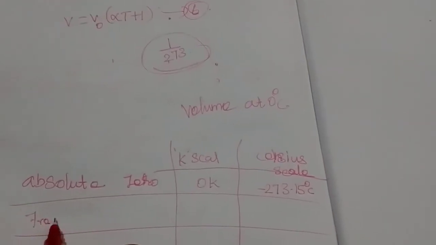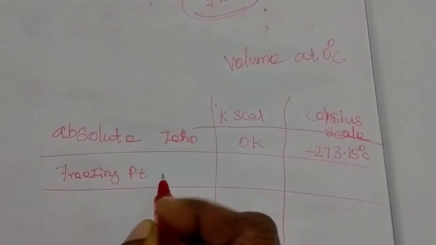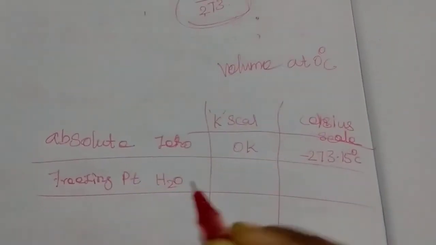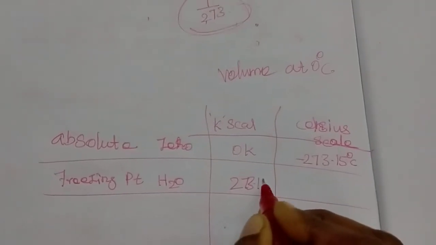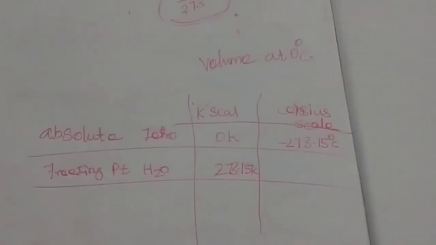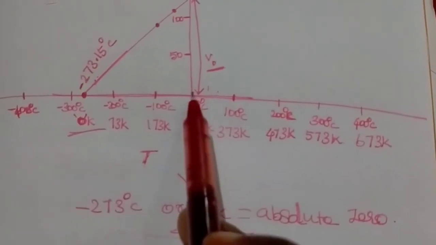The freezing point of water is 273.15 Kelvin, which means 0 degree Celsius.